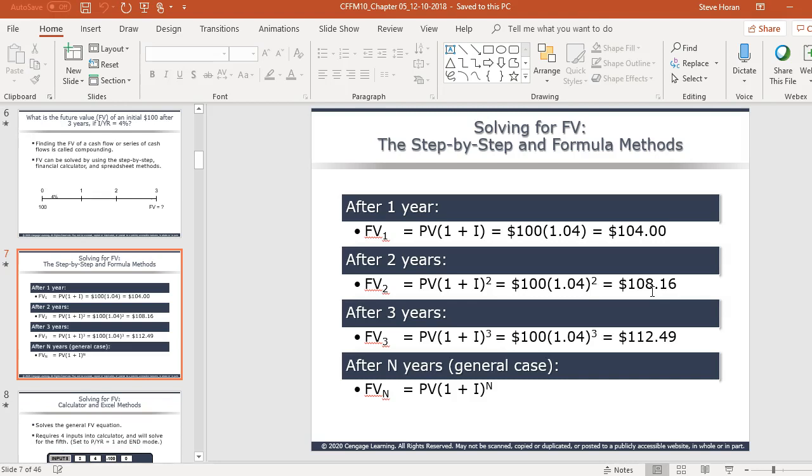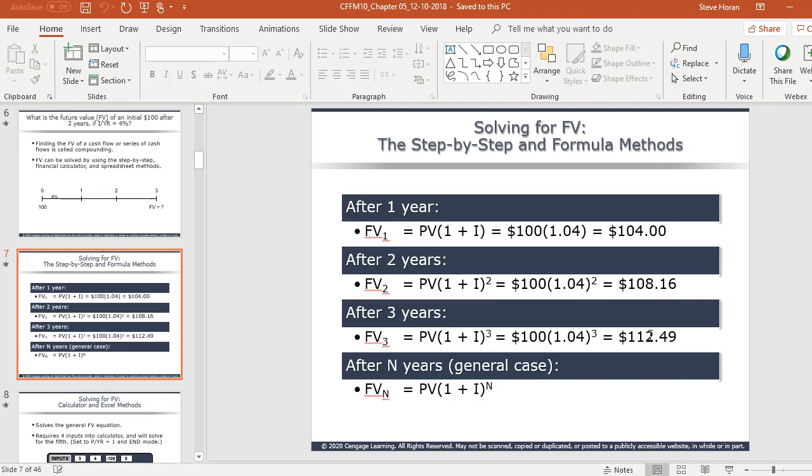So I earned interest on my interest, which is the 108.16. And the same thing for year 3. I earned another $4 on the initial $100 principal, but now I've got this 8.16 sitting there for another year. I earn interest on that. So that's how that works. So every year we keep the investment, we're earning interest on our interest called compounding.